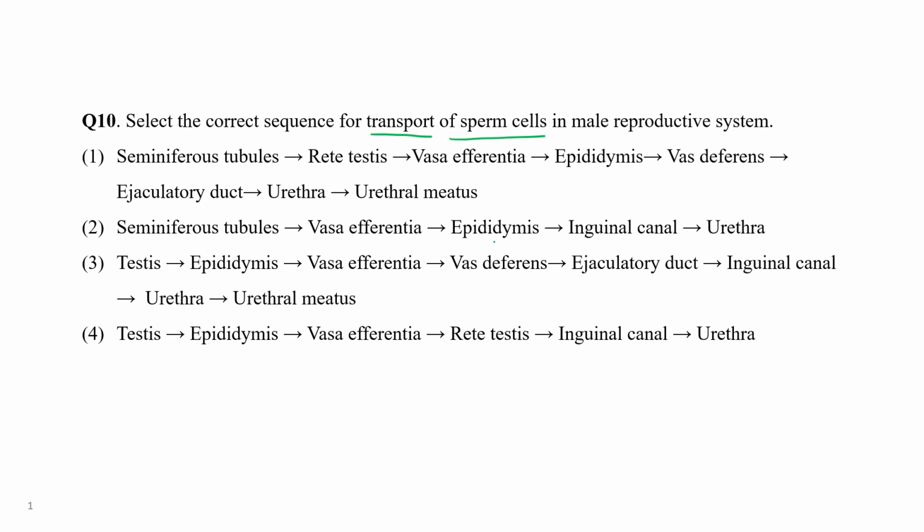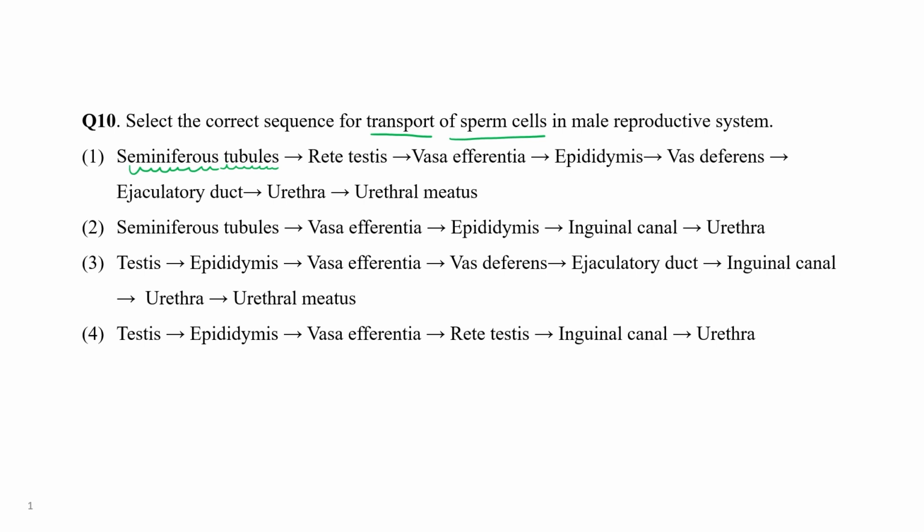If we know the site of production of sperm cells, we can solve this easily. Where is sperm produced? Sperm is produced in the seminiferous tubules, right? These are the coiled tubules present in the testes.